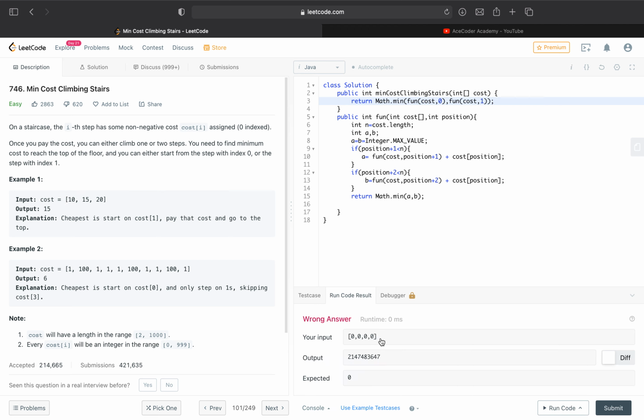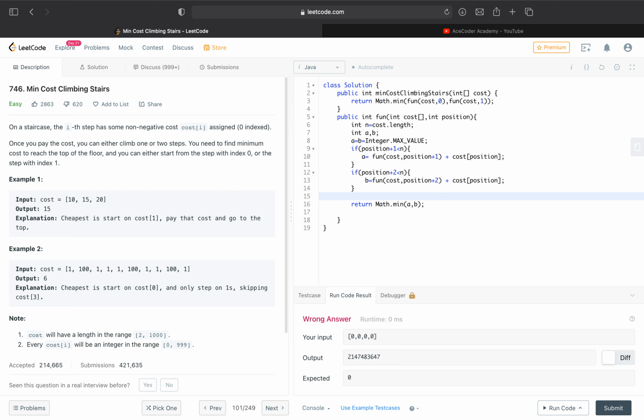Since we are given non-negative cost, for example if we are not able to take a jump further, obviously these both will be initialized with plus infinity, so we need to see that case also.